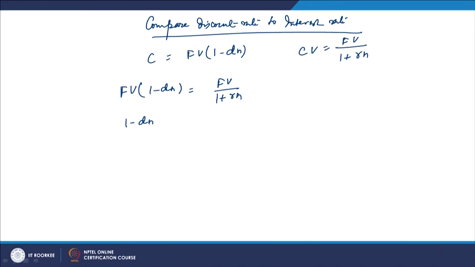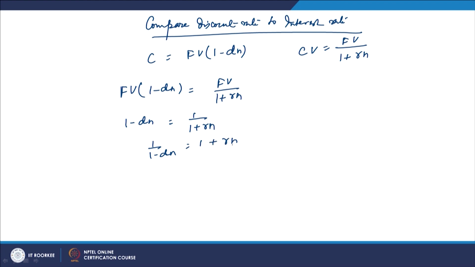Now, if you divide both sides by Fv, you get 1 minus Dn will be equal to 1 by 1 plus Rn, and now you can write that 1 by 1 minus Dn will be equal to 1 plus Rn.